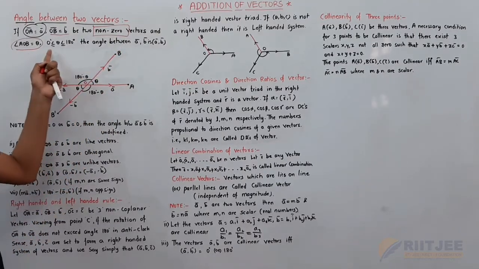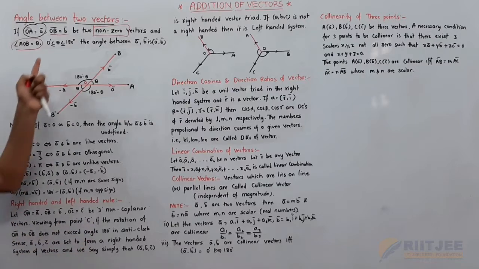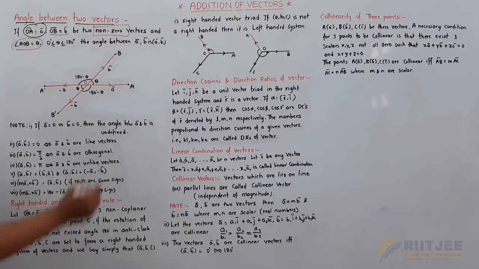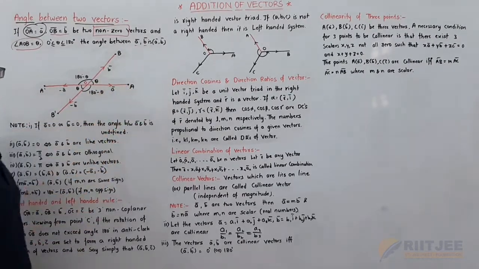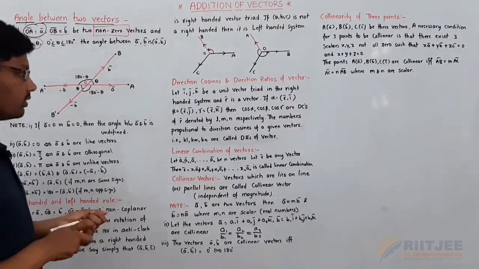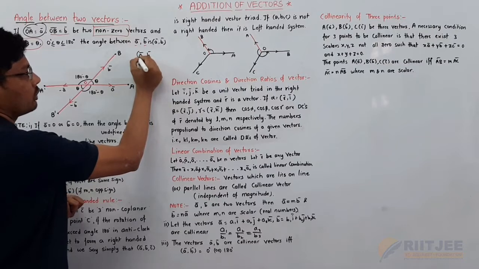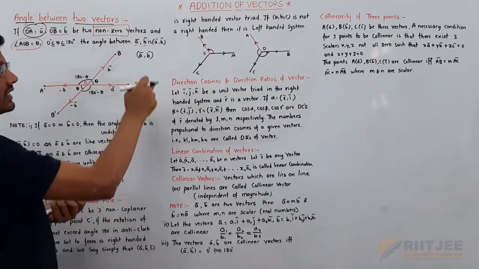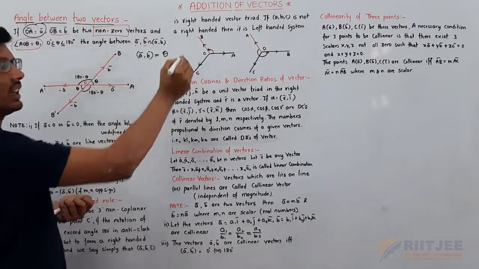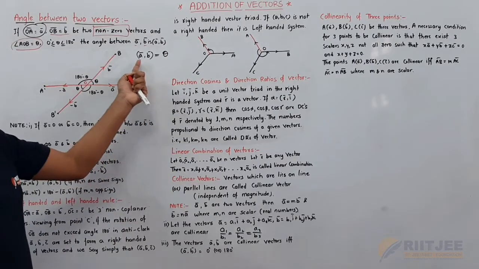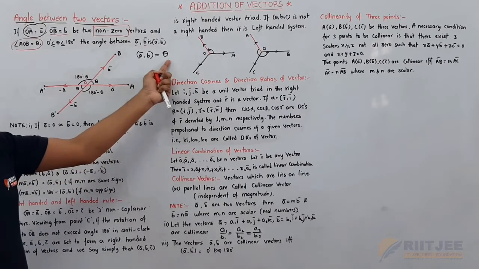This theta lies between 0 and 180 degrees, and the angle between A bar and B bar is represented like this. This can be considered as theta.